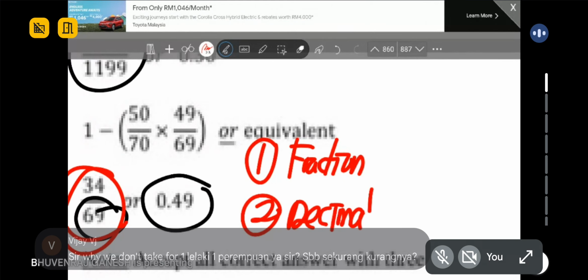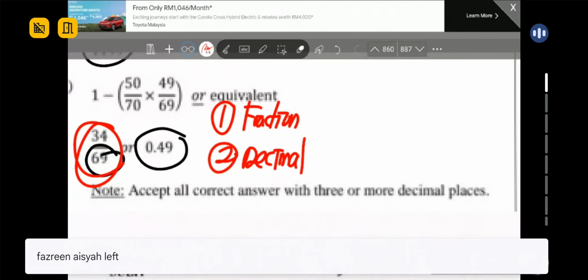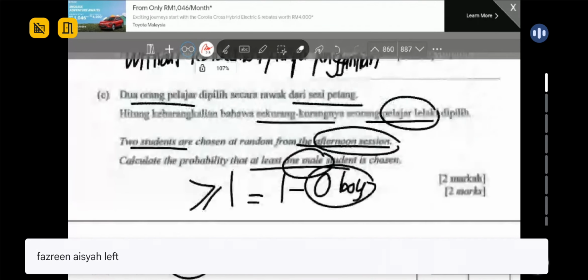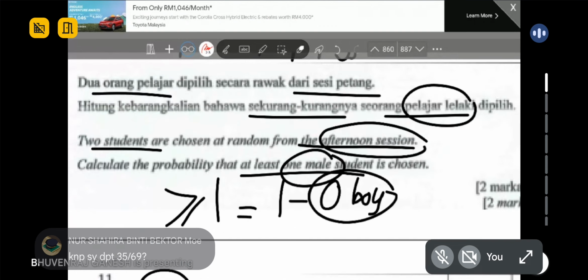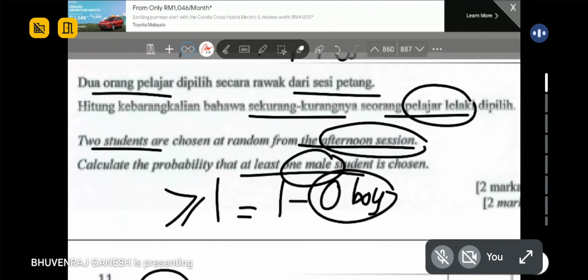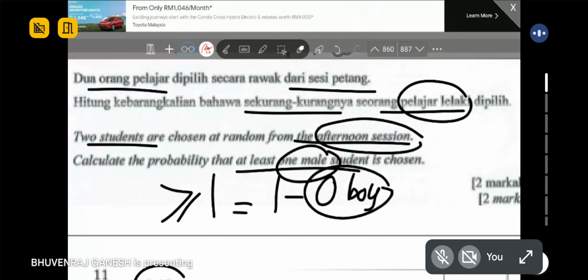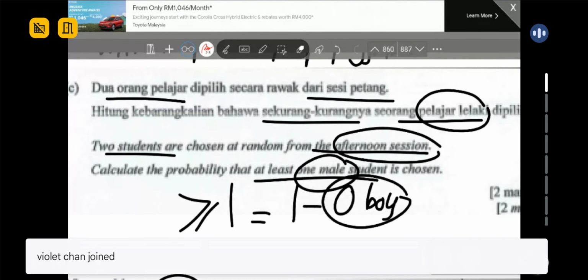Okay? Why we don't take for one lelaki, one perempuan, ya sir? Oh, as I said, I'm using the concept of 1, which is total probability, minus both of it is a girl. Understand lah? I fikir terbalik. Sebab soalan tanya nak sekurang-kurangnya satu lelaki kan? So, saya ambil satu, tolak, tak ada lelaki.